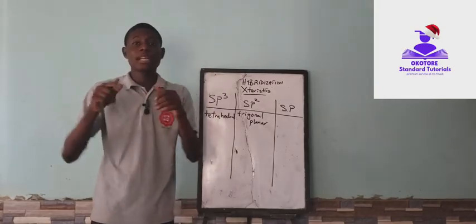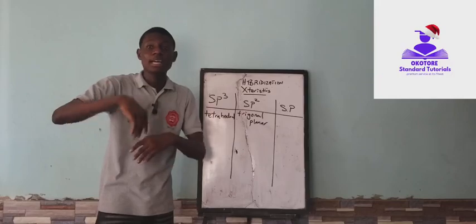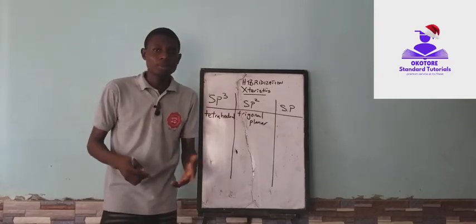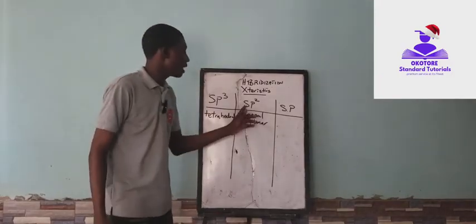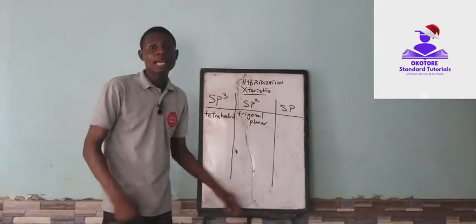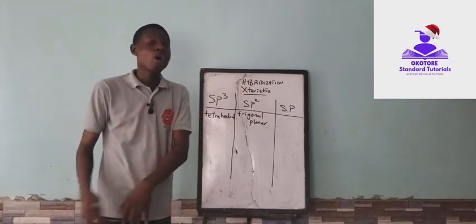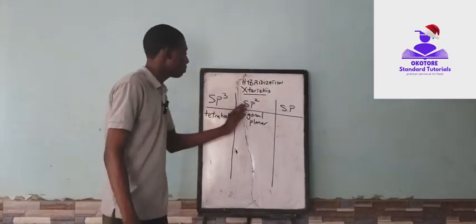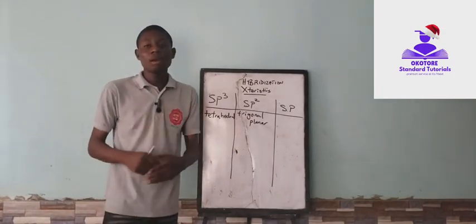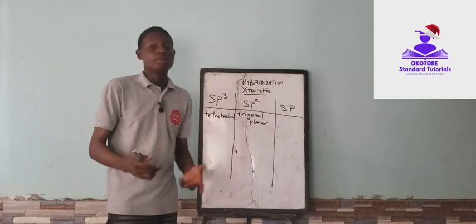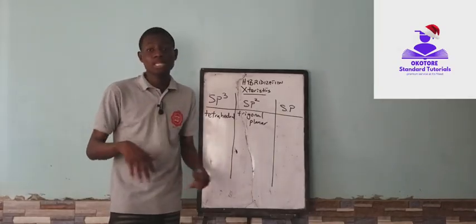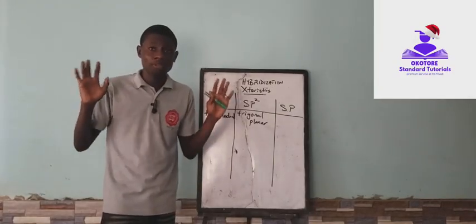Just have at the back of your mind that for JAMB, if you see trigonal planar or trigonal pyramidal, do not be confused. If you don't see trigonal planar and you see trigonal pyramidal, pick trigonal pyramidal. But generally, the shape for sp2 is trigonal planar.